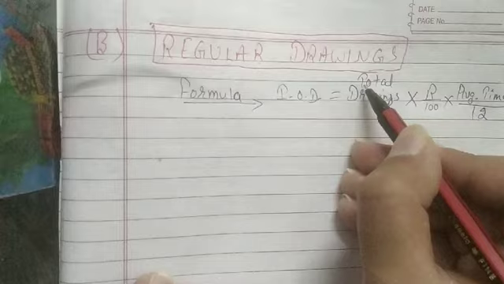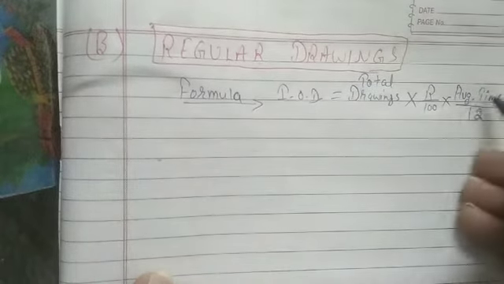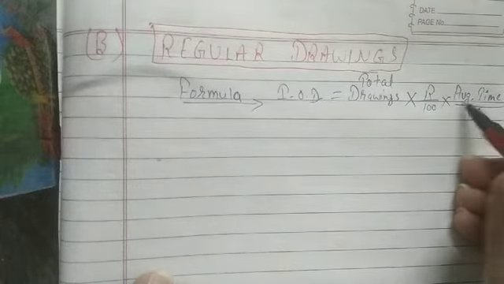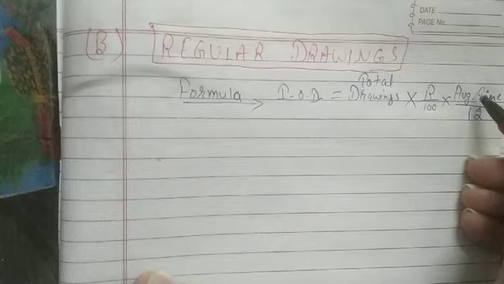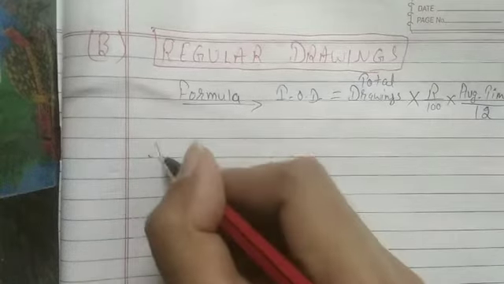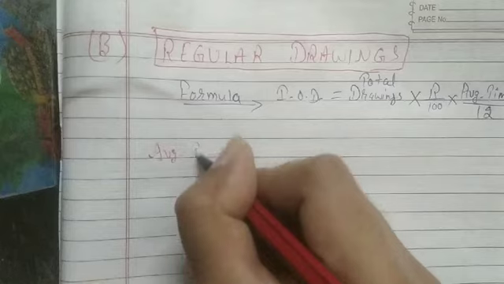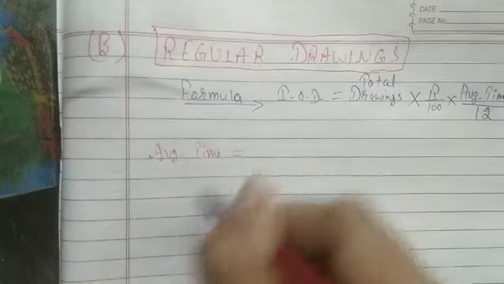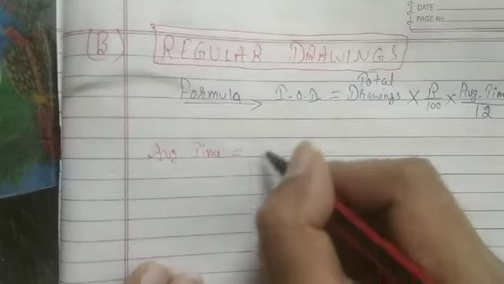What is total drawing? I will let you know later. See first how to calculate average time. We have to use average time upon 12, where average time is equal to, how to calculate average time?